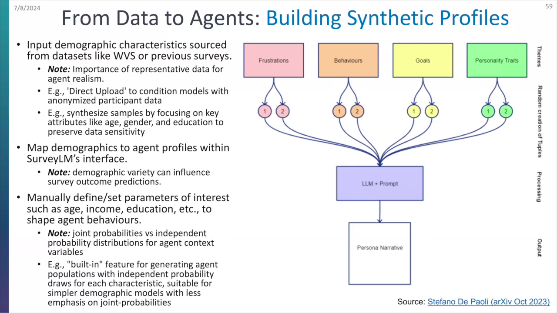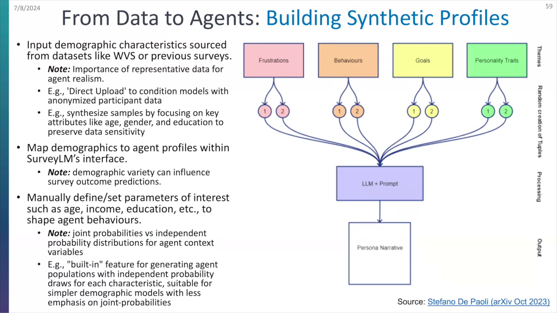With Survey LM, there's a couple of different approaches. The first, we call the direct upload. You might have an existing data set from the World Values Survey, where you've got all the answers and the demographic questions they asked. I can literally just upload that.